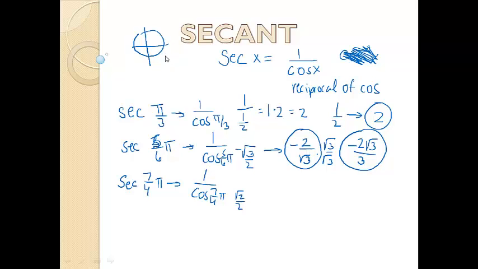I know the cosine, since that's x, is positive over there, so it's going to be the square root of 2 over 2. So the reciprocal of the square root of 2 over 2 would be 2 over the square root of 2. And then if I wanted to rationalize it, especially if we're doing multiple choice, that might be a good option. I'm going to multiply by the square root of 2 over the square root of 2. When I do that, I get 2 square root 2 over 2. The 2's cancel, so my answer is just going to be the square root of 2.